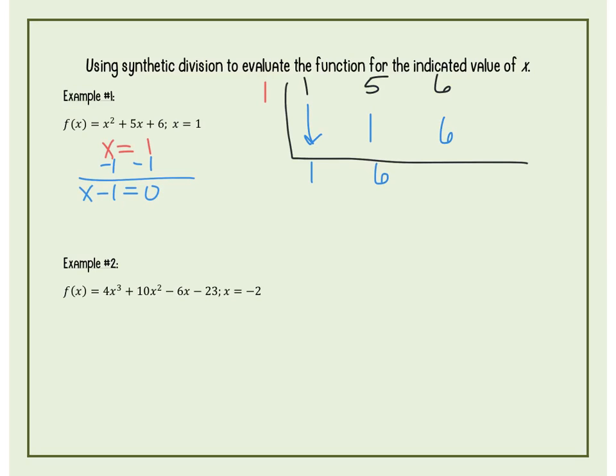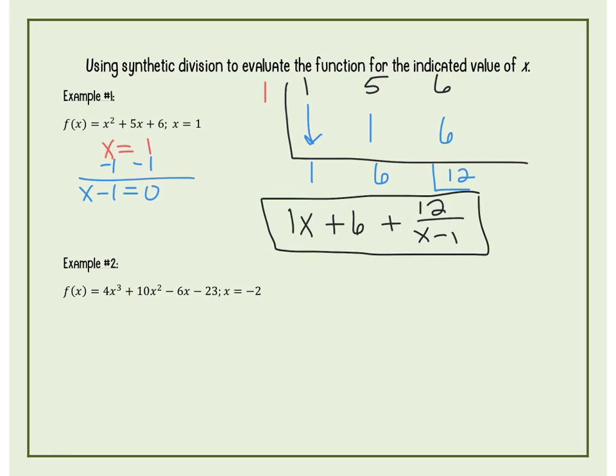Multiply with the number on the outside. Add them together. My remainder is 12. So my answer is going to be 1x plus 6 plus 12 over this right here, not the equal 0. This is going to go as my denominator. So this is my final answer.